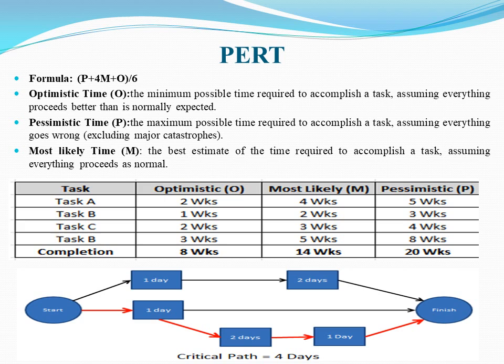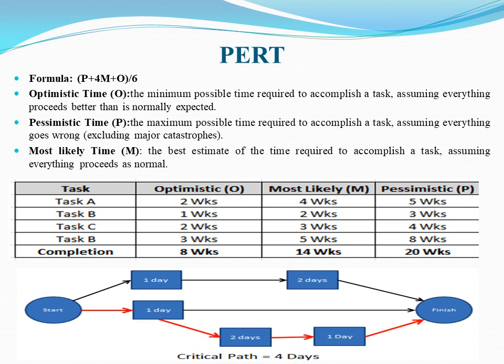Task B: optimistic 1 week, most likely 2 weeks, pessimistic 3 weeks. Task C: optimistic 2 weeks, most likely 3 weeks, pessimistic 4 weeks.